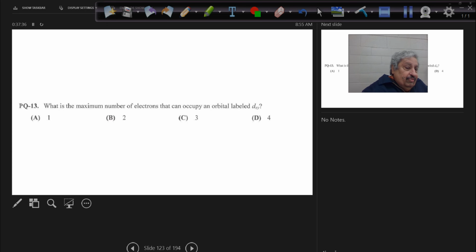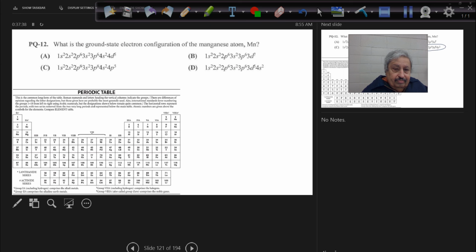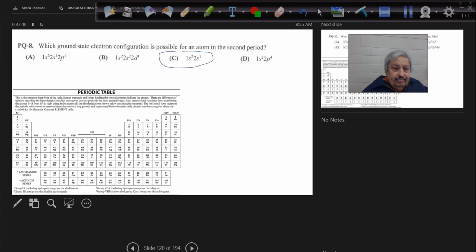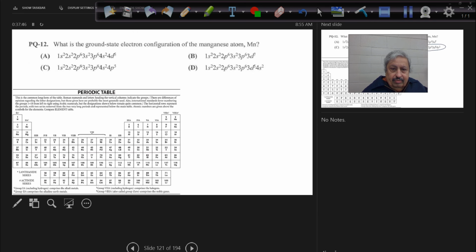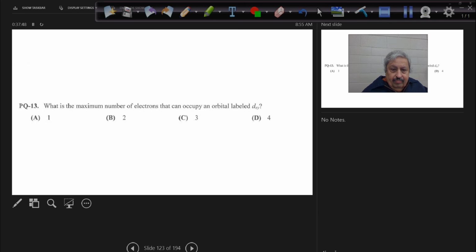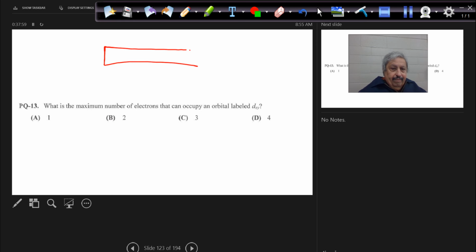The d orbital has 5. Okay, guys, let me look at this. The d orbital is made of 5: 1, 2, 3, 4, 5.